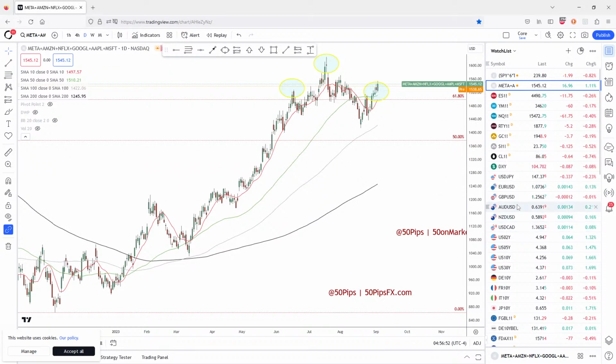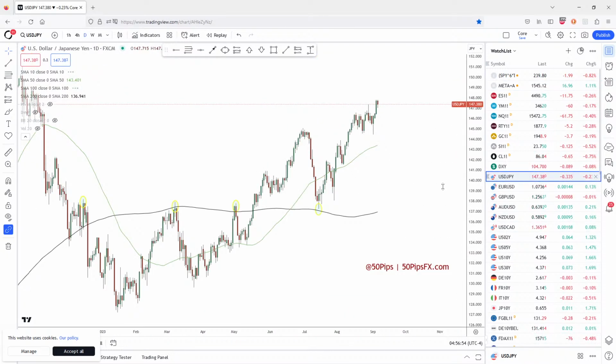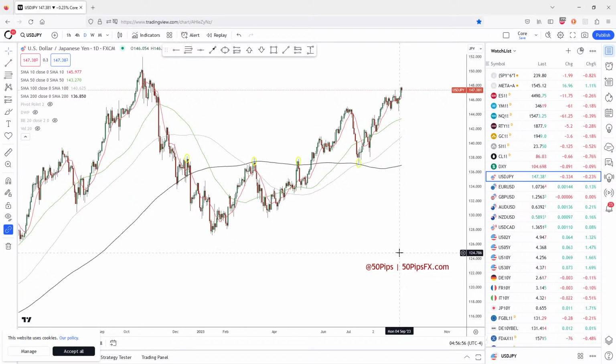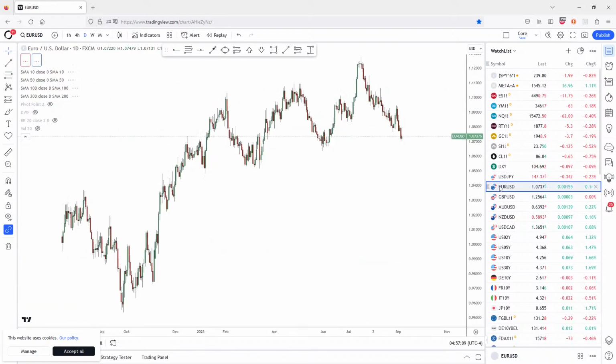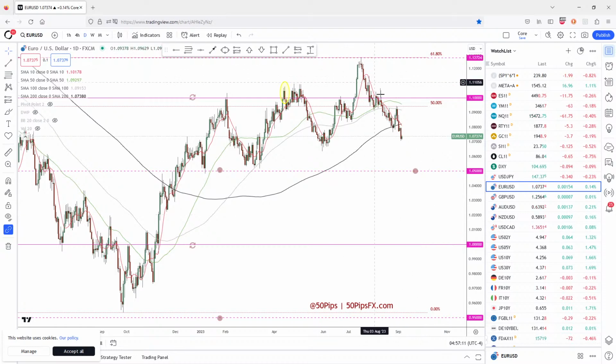And as you see that dollar firming, there is no reason to short yen unless there's a little bit of panic. This is actually holding an upside rotation in a channel, slowly trying to make its way back into these highs. Euro, as we said, is making its way back into the 105. That's the bottom end of the range.